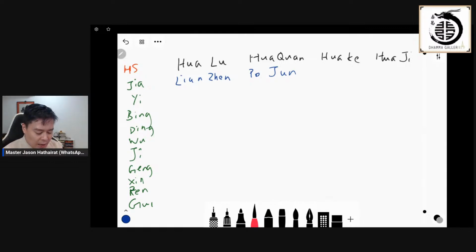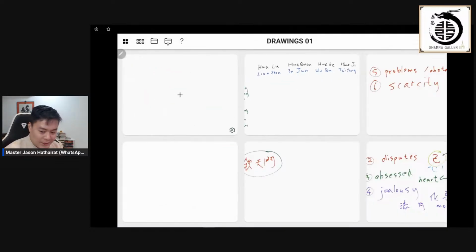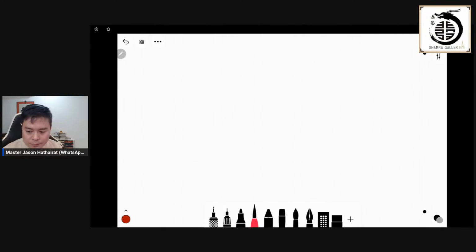When you see the heavenly stem of 甲, 武曲 will be pairing with 化科, and subsequently 化忌 is pairing with 太阳, when you identify the 甲 heavenly stem. I know this is a bit confusing, but I will draw it out for you to let you have a better understanding.